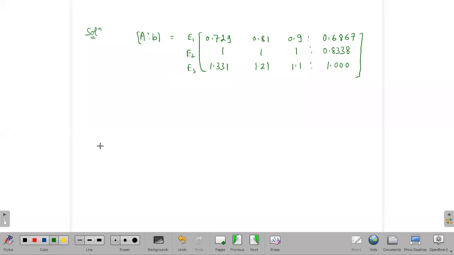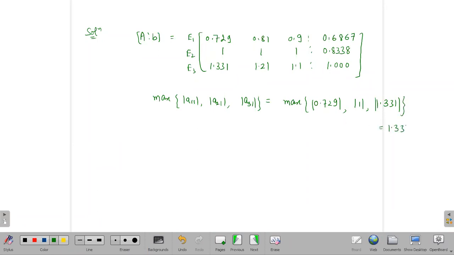So use partial pivoting. Here we have to take the maximum of A11, A21, A31. So this is the maximum of 0.729, 1, then 1.331. So 1.331 is maximum. So that is A31. So replace the first row with the third row.